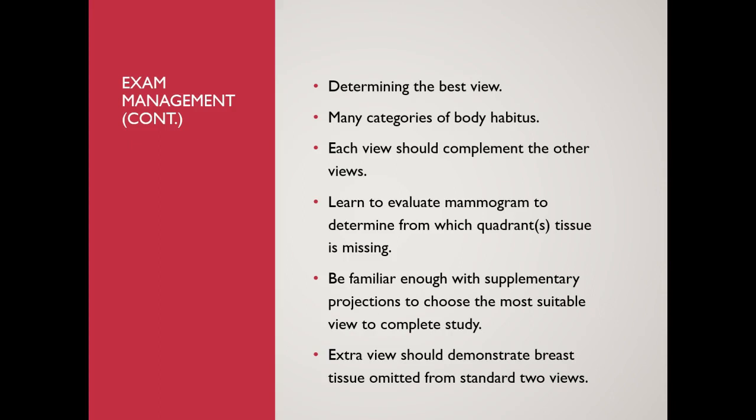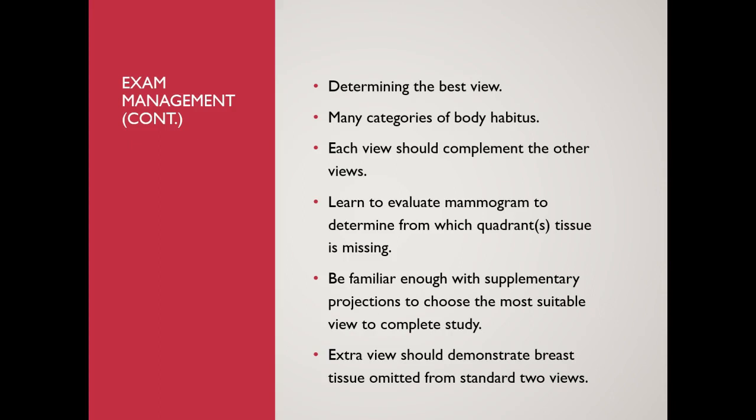So part of exam management is to determine that you need additional imaging. Now you have to determine what's the best view. There's many different directions to go depending on the patient's body habitus. Each view, though, should complement the other view. We need to learn to evaluate each view to determine from which quadrant the tissue is missing.